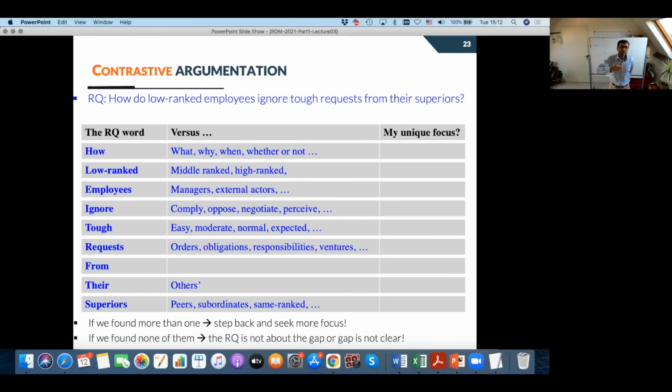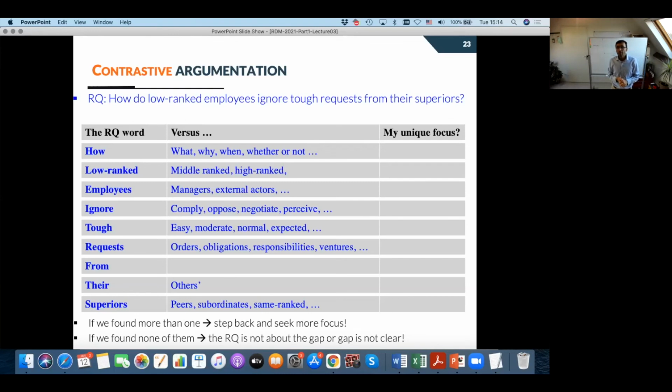How do early adopters of a technology versus late adopters? So if I ask you, what is your sharpness? What is the unique, differential aspect of your research question? This is the test for you. You say the literature already talked about the other side of the versus, but they haven't looked at this particular part.